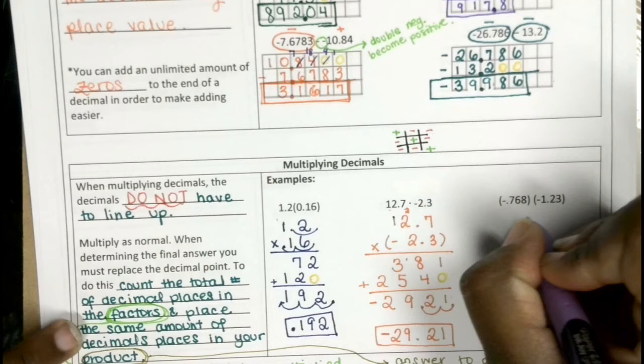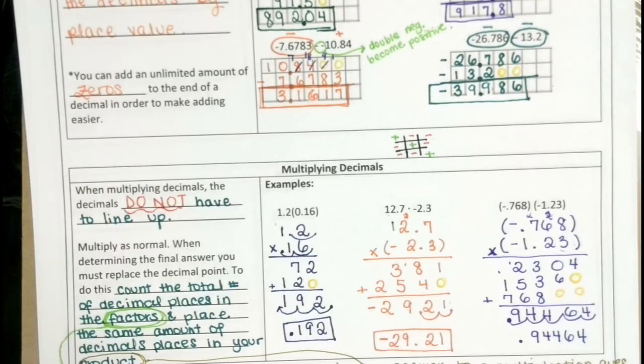And now to move on to the last example in multiplying decimals. In our last example, we are going to multiply -768 thousandths by -1 and 23/100. We aren't concerned about the decimals lining up because, again, this is multiplication.